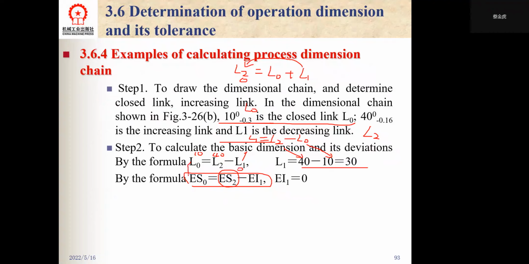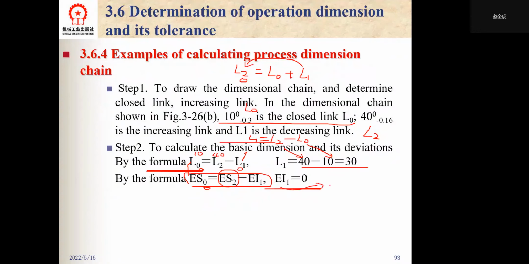These two equations have similar form. L2 minus L1 gives the closed link value. ES2 means the upper deviation of L2, which is 0.